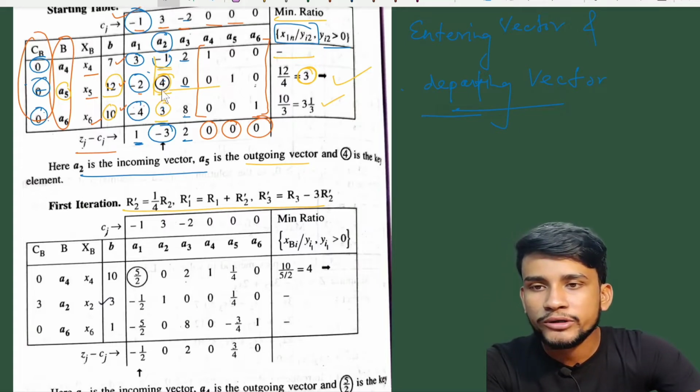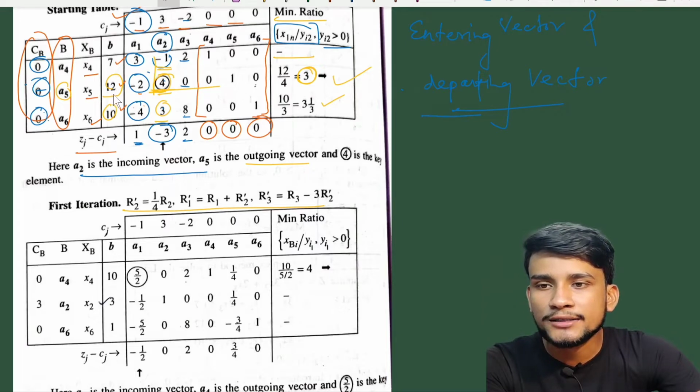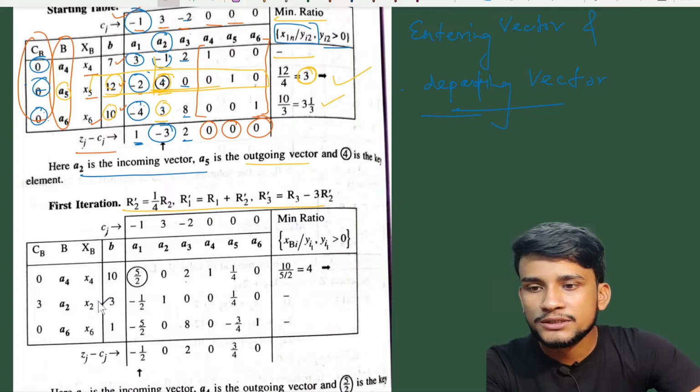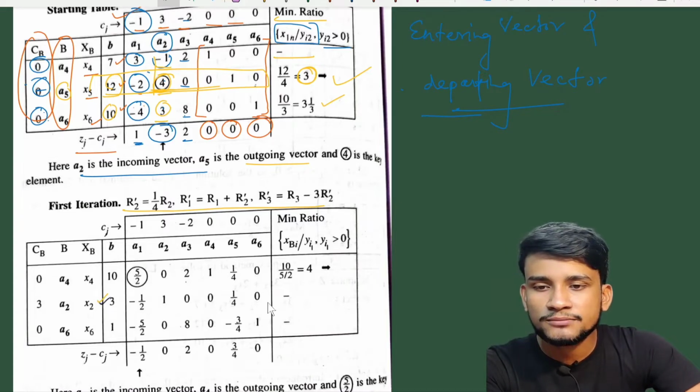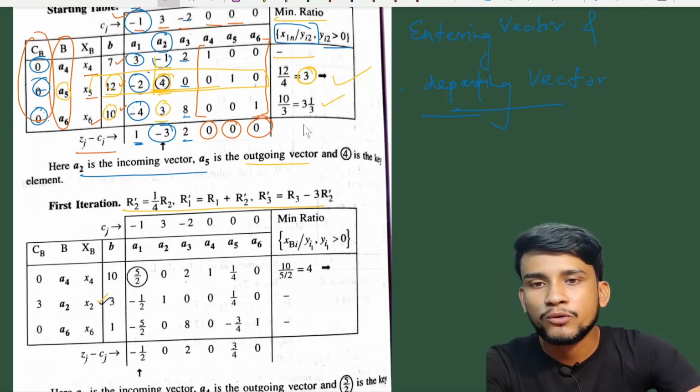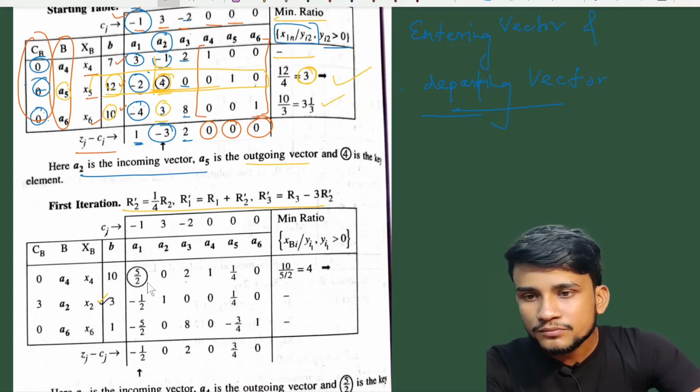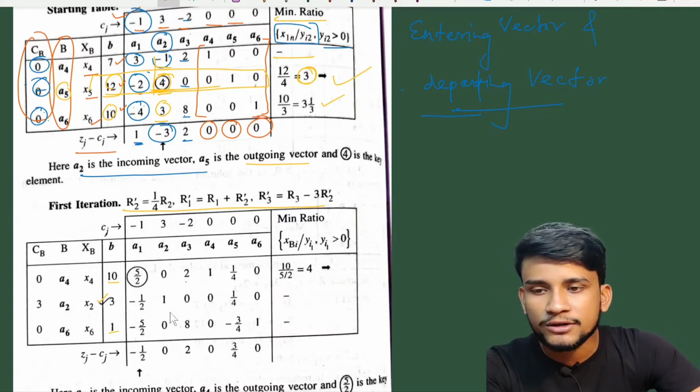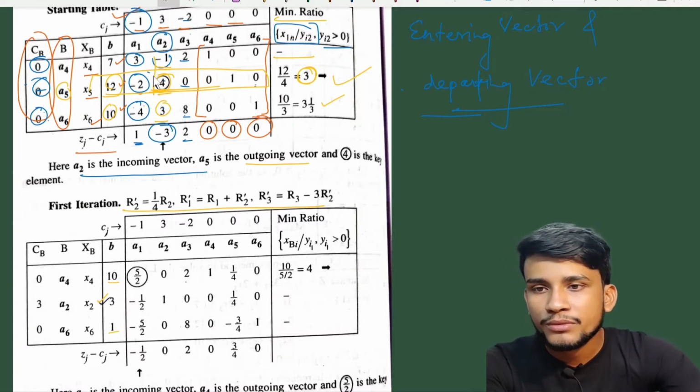Now we need to convert this element to unit, therefore we divide this whole row by the key element, that is 4. Therefore this gives 3 by 4, minus 1 by 2, 1, 0, these are the elements divided by 4. And now we calculate the elements of the first row and third row.